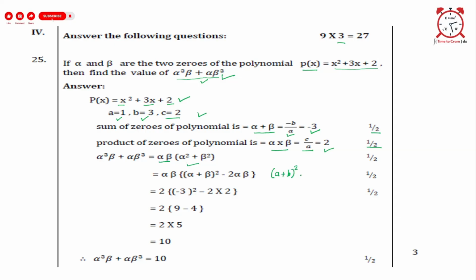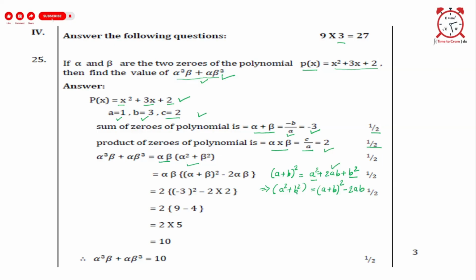The algebraic identity: a plus b whole square is equal to a square plus 2ab plus b square. Now from this identity, if we make a square plus b square the subject, then what do we get? From the RHS, a square plus b square equals a plus b whole square, this 2ab will go there, so minus 2ab.